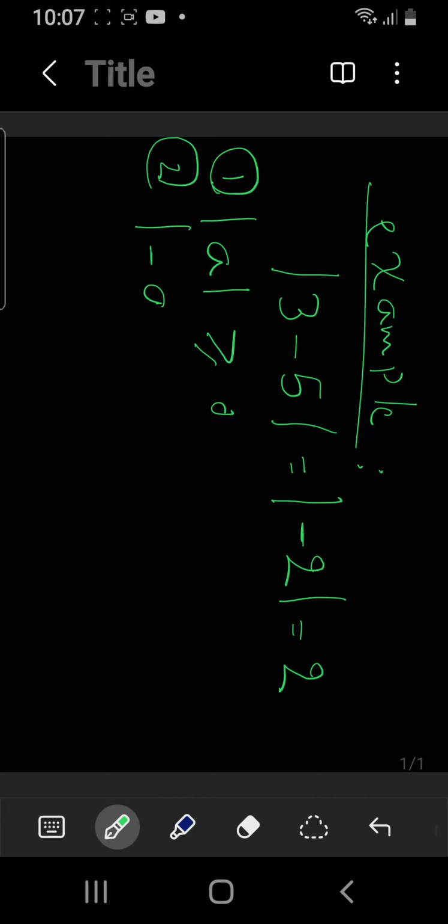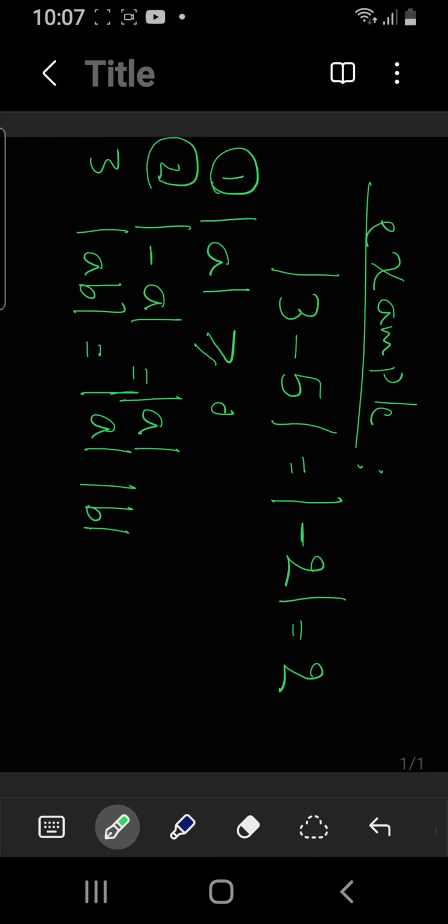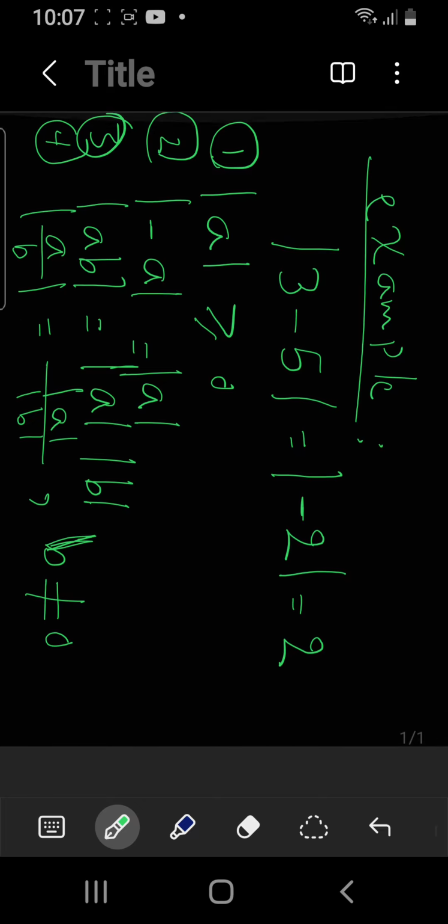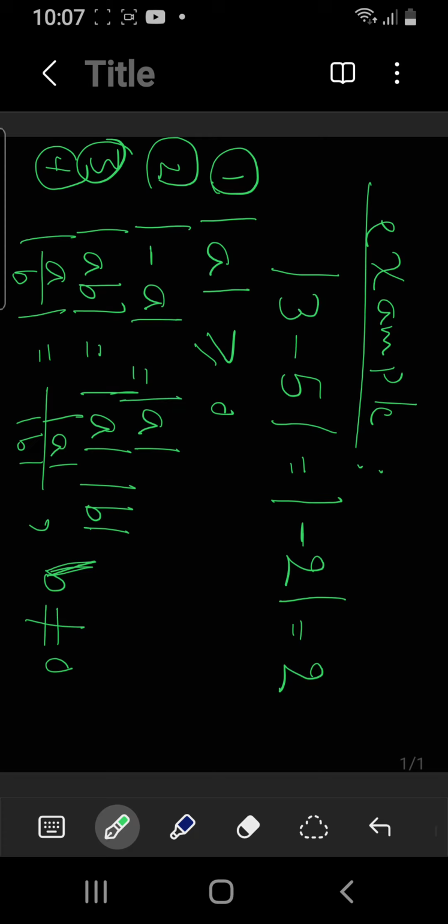Second, the absolute value of -A equals the absolute value of A. And we have the third one, the absolute value of AB equals the absolute value of A times the absolute value of B. And the fourth one, the absolute value of A over B equals the absolute value of A over the absolute value of B, and it is necessary that B not equal 0. So what happens if B equals 0? It is undefined.